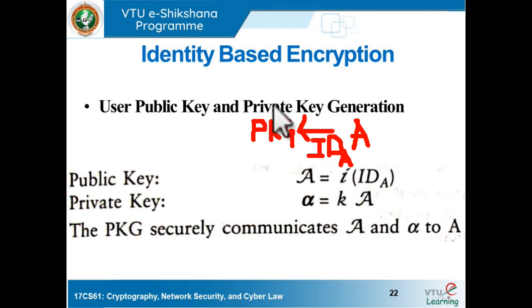Now the private key generator performs various checks. What were those checks? First is that this particular ID which is supplied by A actually belongs to A, and also that this ID which is given by A is unique in nature. Once these two conditions are satisfied, PKG proceeds further with the private key generation of Alice. Now let's see how this happens.